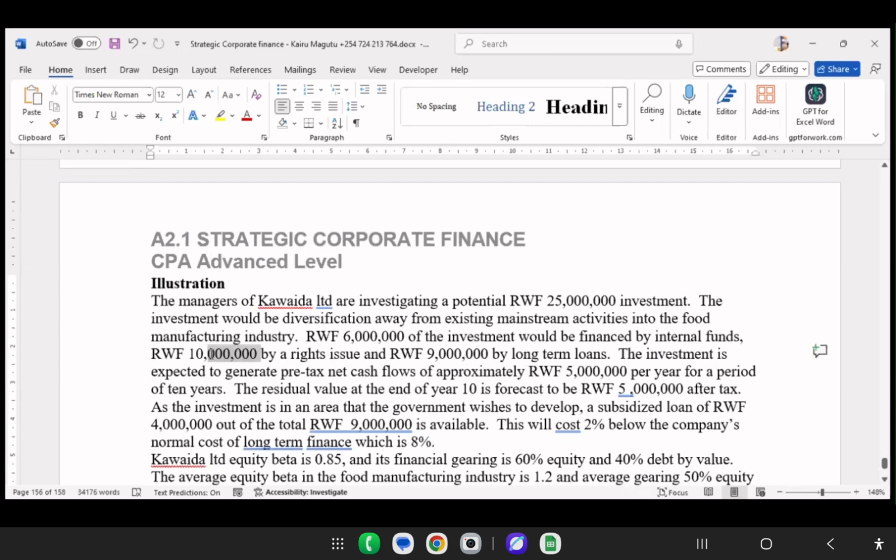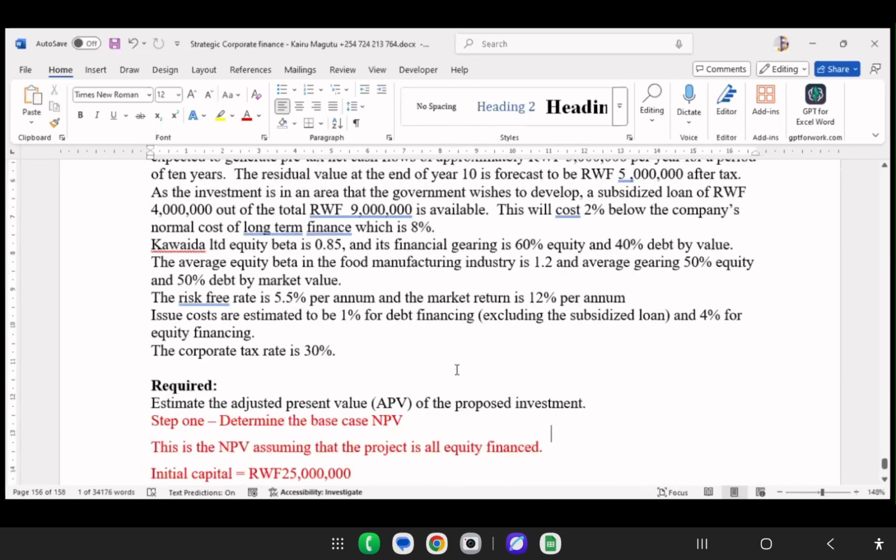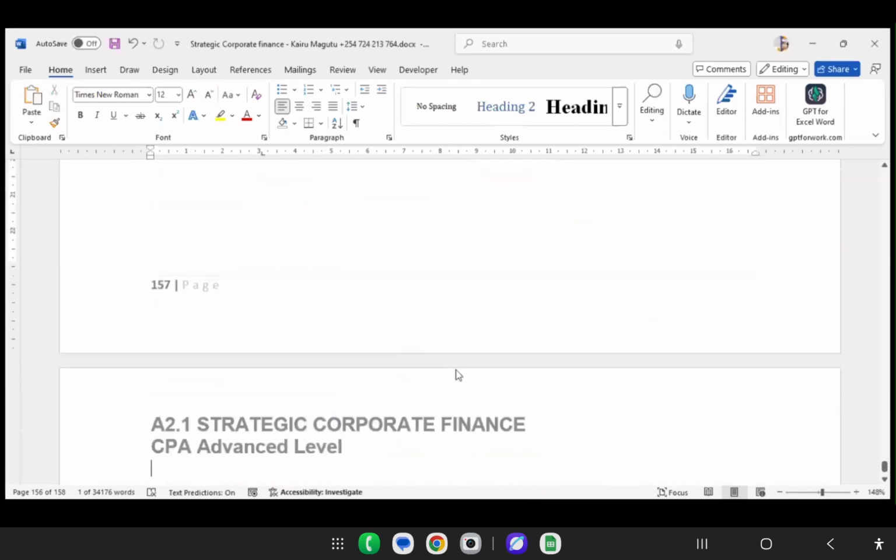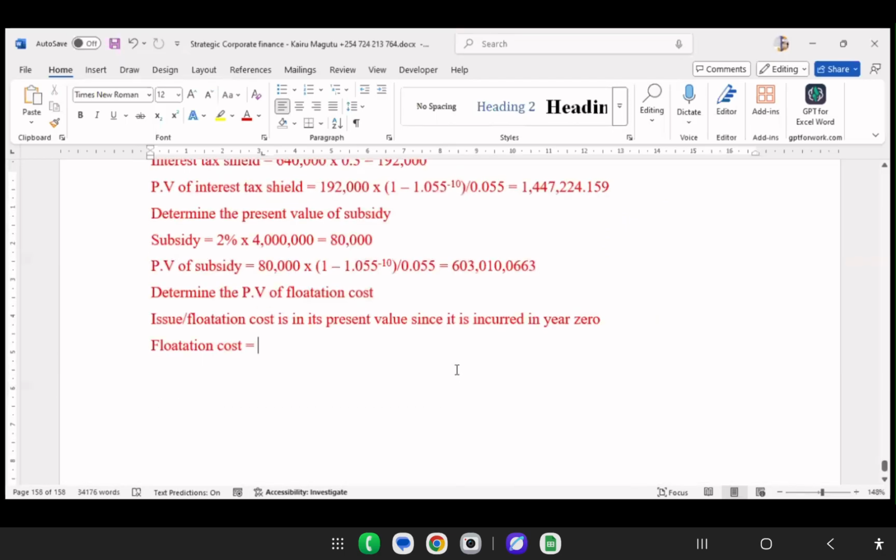So we take the 4% of 10 million. The 9 million is the debt, but we are told to exclude the one on the subsidy. So we get the flotation costs this way: 4% multiplied by the rights issue.